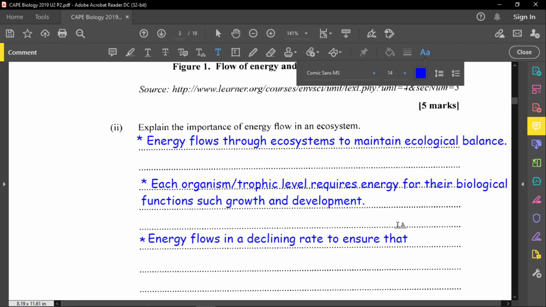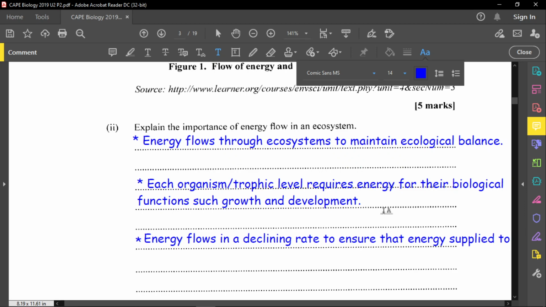Energy flows in a declining rate to ensure that the energy supplied to the predator is less than what is consumed by the prey.